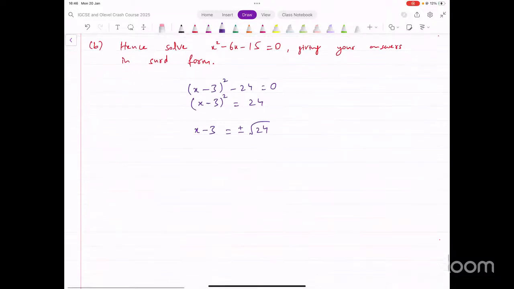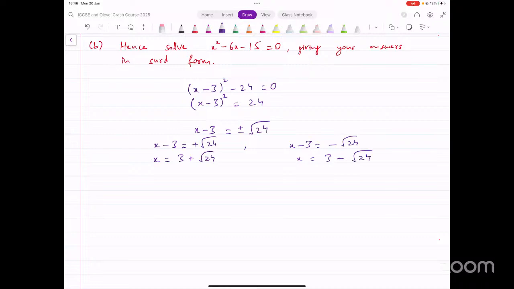Now, this is the equation. You can split it into two parts now. X minus 3 equals plus square root of 24 and x minus 3 equals minus square root of 24. 3 goes to the other side and that gives you 3 plus square root of 24. And in this case, it gives you 3 minus square root of 24. These are the two solutions that we get from this.